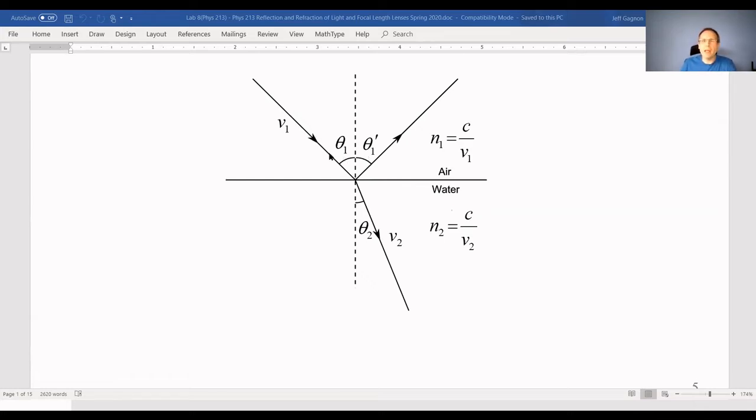And then part of the light that goes to the new medium is going to be refracted. Now, what does it mean to be refracted? It means it's going to be bent either towards the normal or away from the normal.